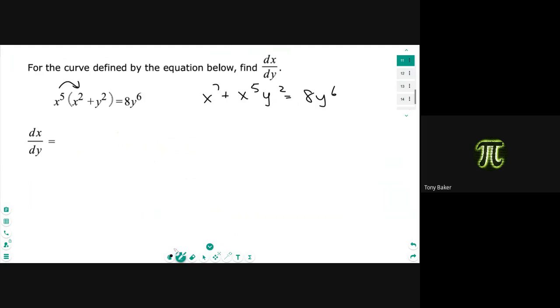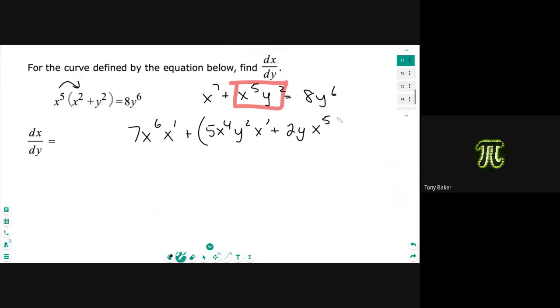Now this part right here, I have to do a product rule on. So I have 5x to the 4th times y squared, plus, oh, sorry, x prime, plus 2y x to the 5th equals 48y to the 5th.